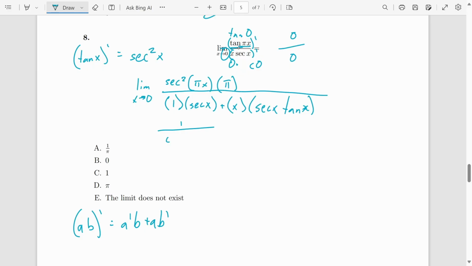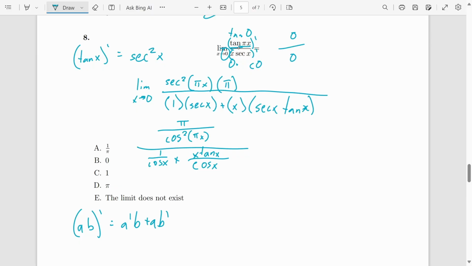So 1 over cosine squared times pi x times pi, all over 1 over cosine x for this, plus x times tangent of x all over cosine of x. Everything is in terms of sine, cos, and tan, which I find far easier to evaluate.